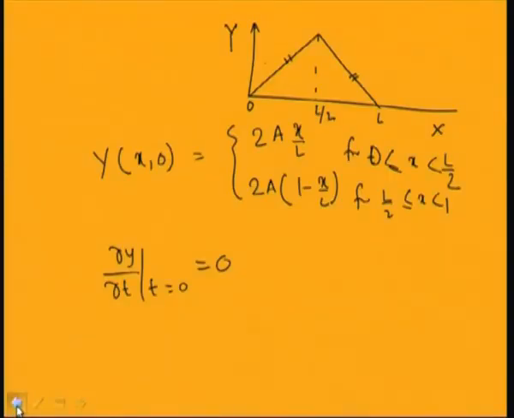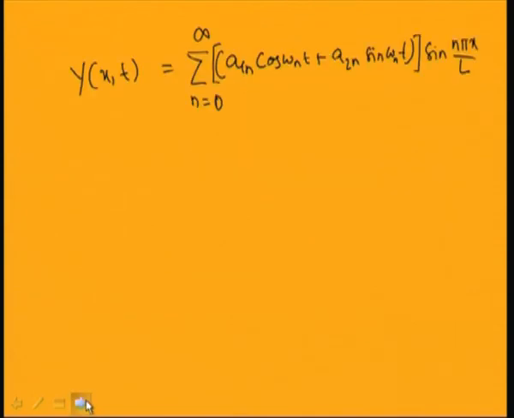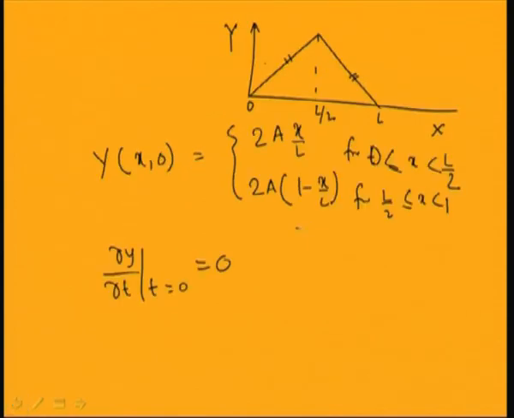Before applying these conditions, you can write this by applying the Fourier series. From the Fourier series you can find that a n will be equal to 0 and the b n terms of that expression. So, this expression you can write as summation of a n cos omega n t plus b n sin omega n t.